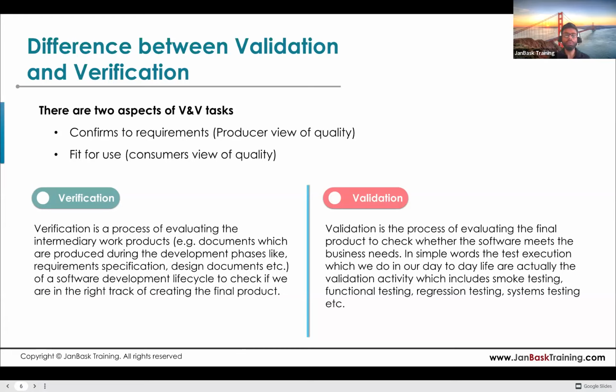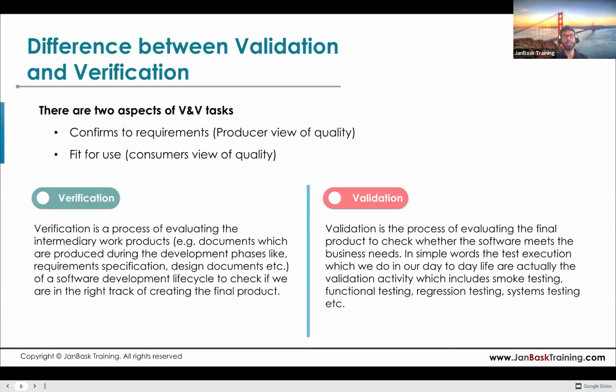So now this verification and validation comes at different levels. What is verification? You can see here that verification is a process of evaluating the intermediary work product. What are intermediary work products? The documents which are produced during the development phase, the requirement specification, the design documents, right?